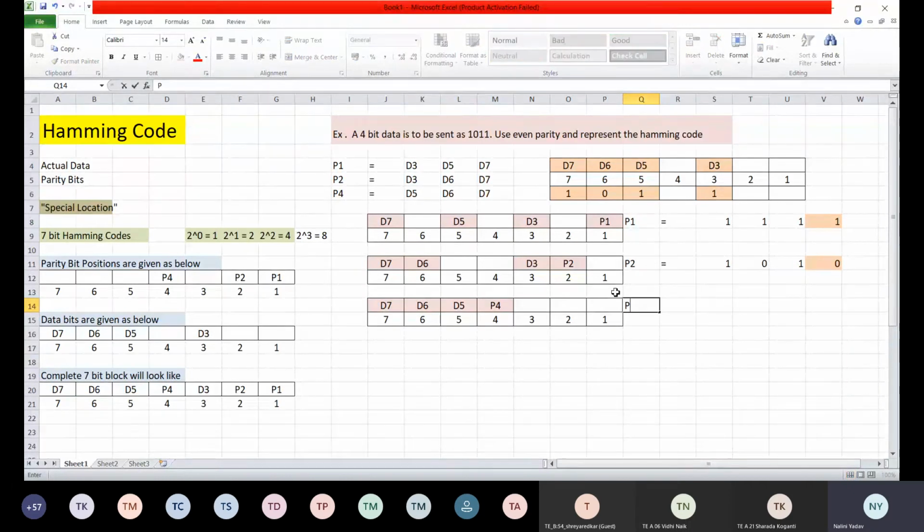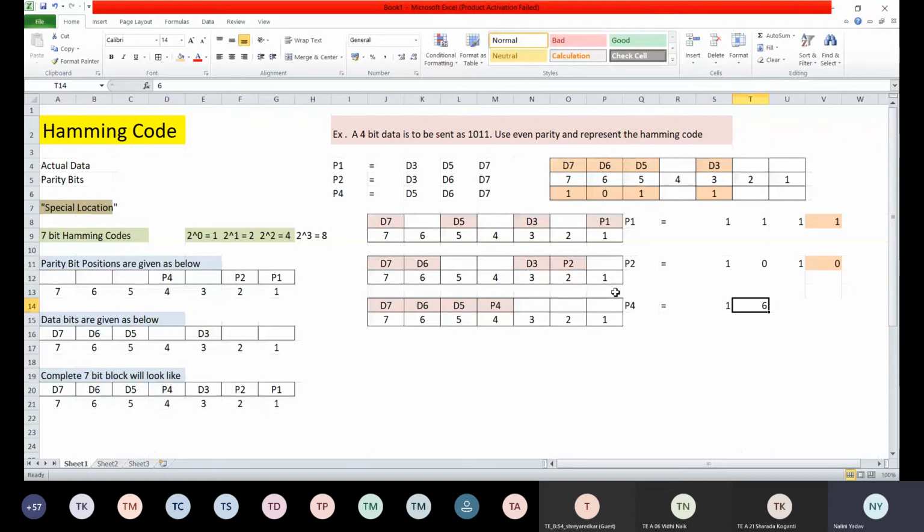Okay, good. So now we'll go for P4. Now P4 के लिए कौन से bits हैं? D5, D6, D7. Correct. D5 is 1, D6 is 0 and D7 is 1.